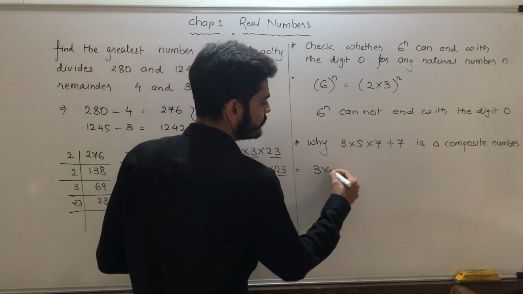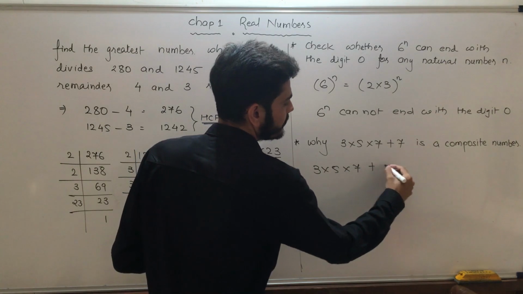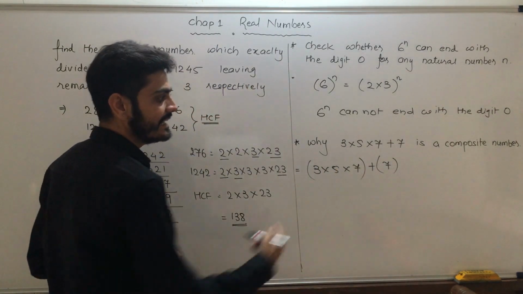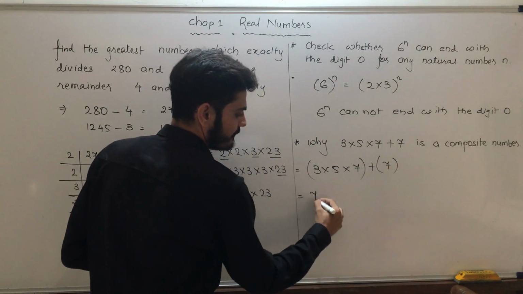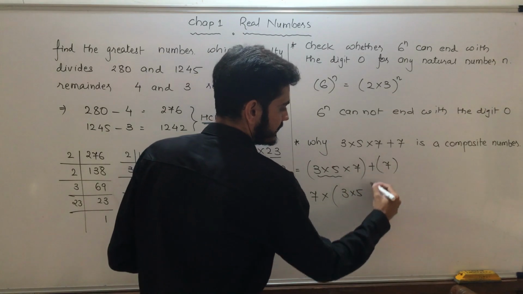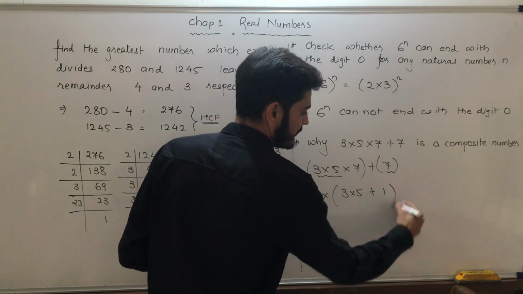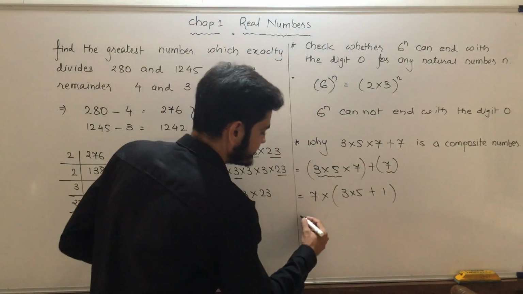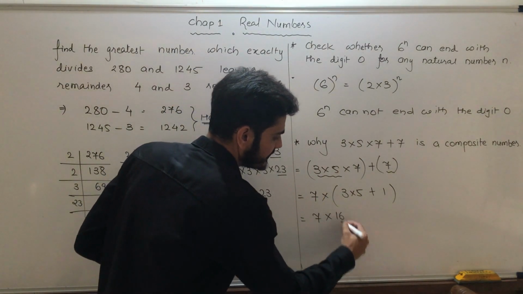So 3 into 5 into 7 plus 7. This is one term and this is another term. Take 7 common, then 7 into, in a bracket, 3 into 5 remaining, and plus 1 remaining. 3 5s are 15 plus 1, 16. So 7 into 16.